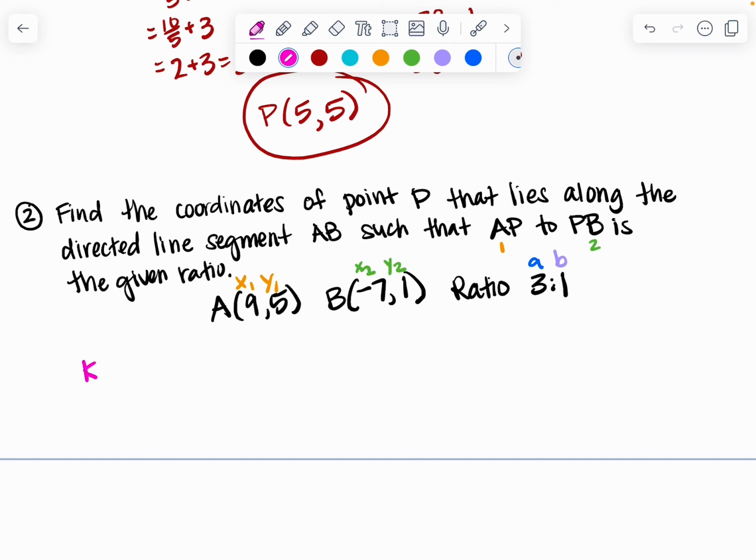So we calculate K, which is A over A plus B. So K is 3 over 4.